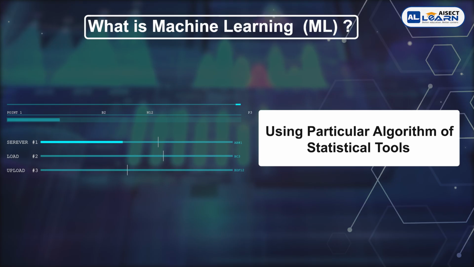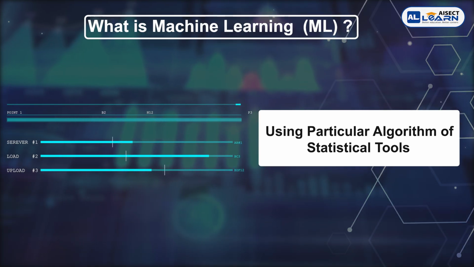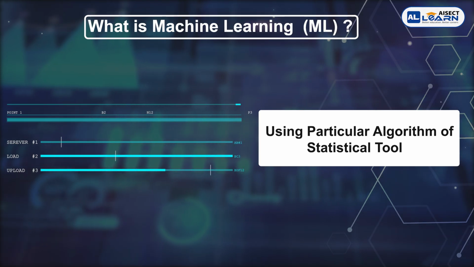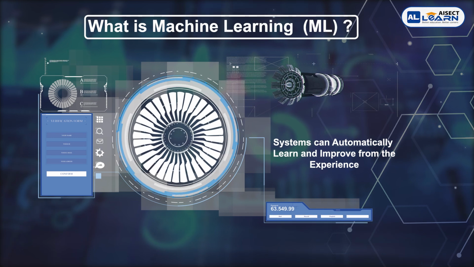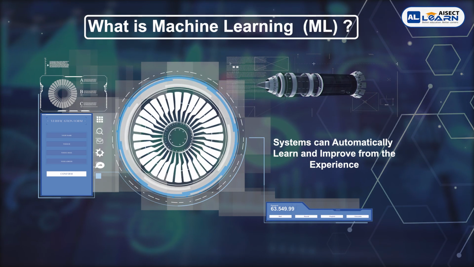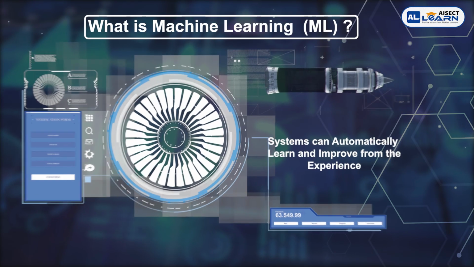It will give you particular trends or hidden patterns. That is machine learning. The systems can automatically learn and improve from experience. It is a subsection of artificial intelligence.